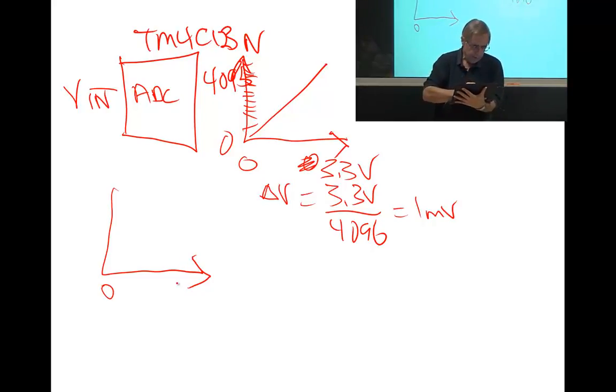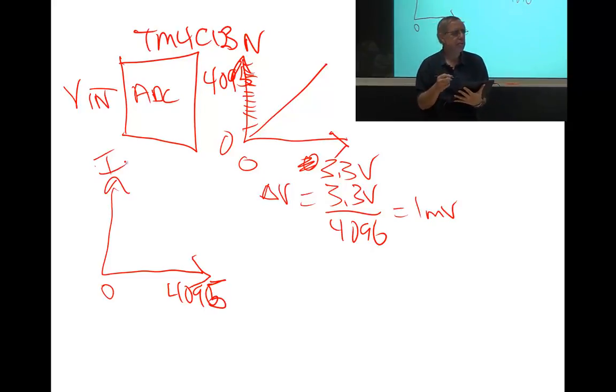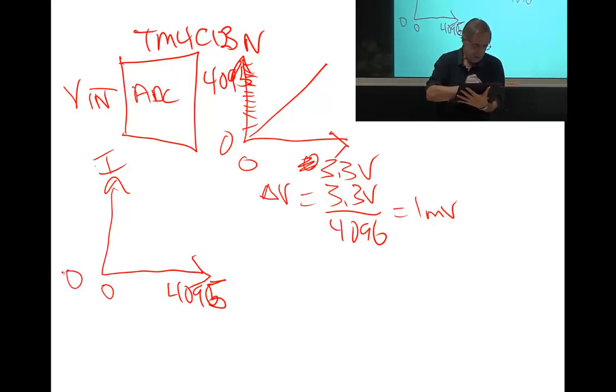So I'm going to convert 0 to 4,095, it doesn't go up to 4,000, into the integer part of the fixed point number system. And I'm going to choose a delta of about a millivolt. So I'm then going to choose an integer that goes from 0 to 3,000.